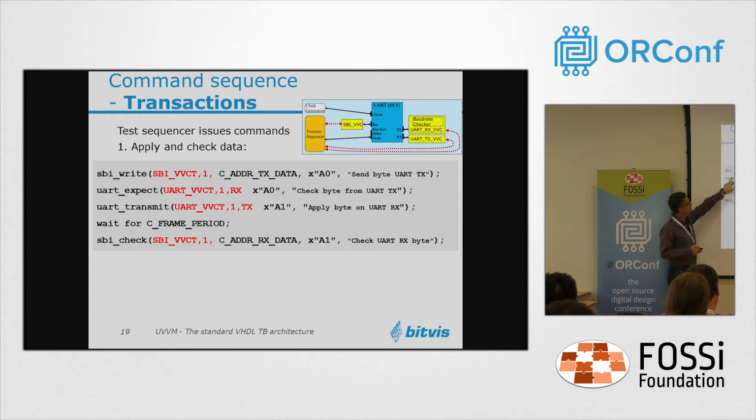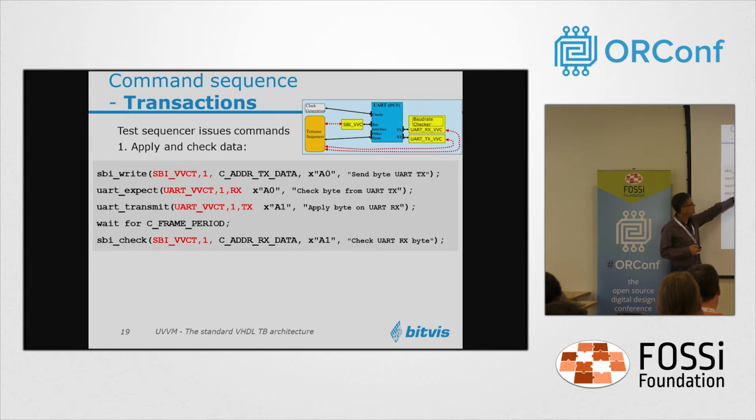Then you send a command, a UART expect, to the UART verification component, telling the UART RX part to expect A0, because of course that was what you transmitted, right?